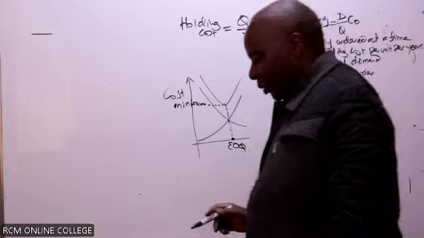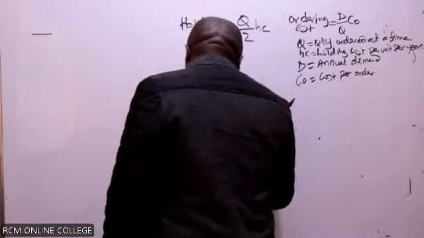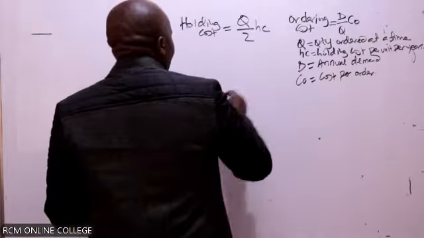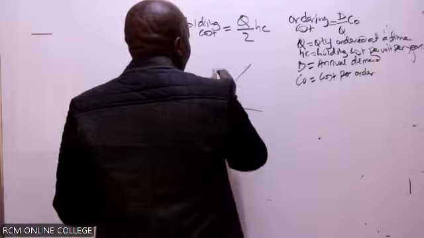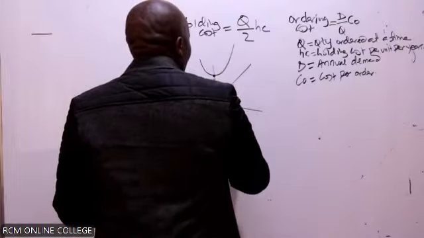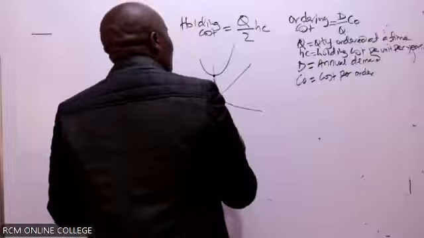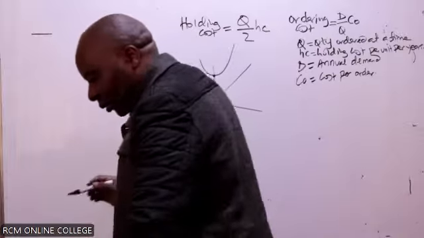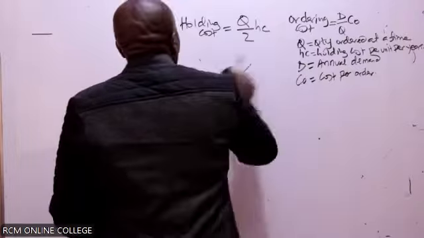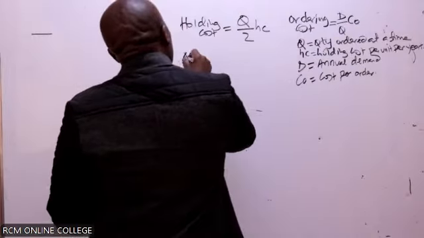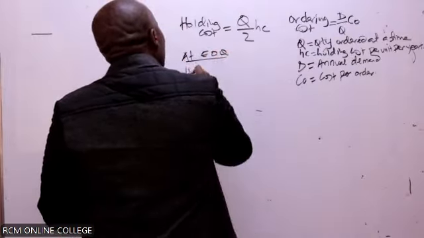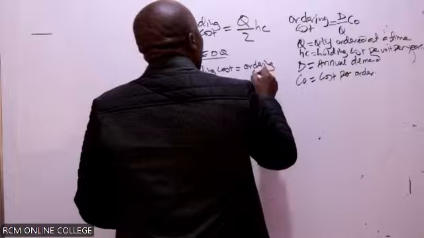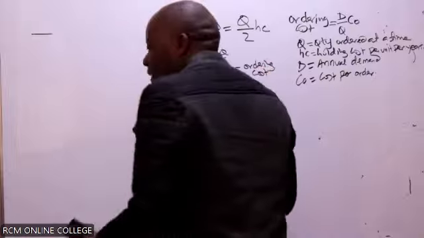Now, my good students, please listen to me very well. Remember, we have just shown something on our graph: that at the EOQ point, the holding cost and ordering cost will be equal. Let me write down that at EOQ, at economic order quantity, holding cost equals ordering cost.